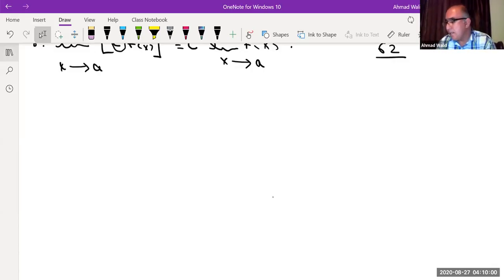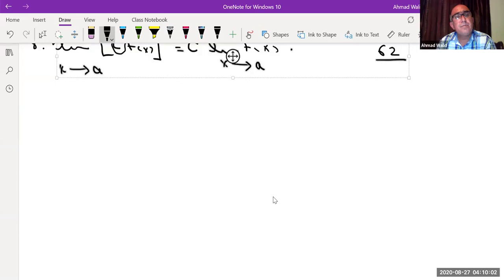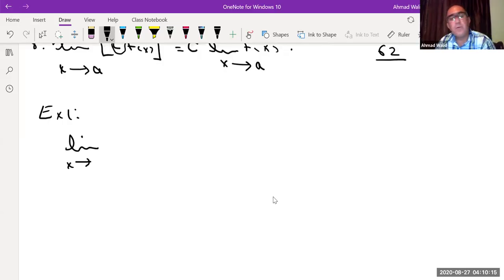Let's start with a simple example. Example number 1. For example, I have the limit as x approaching 2 of x cubed minus 2x plus 7.